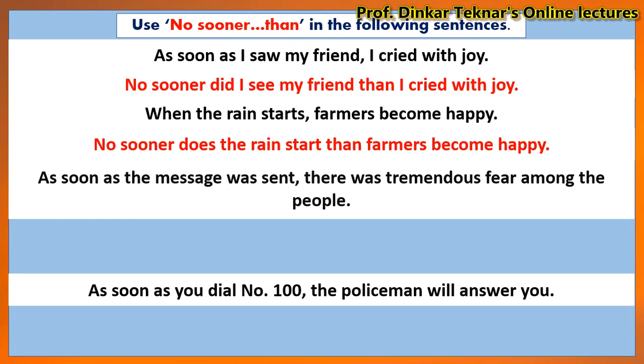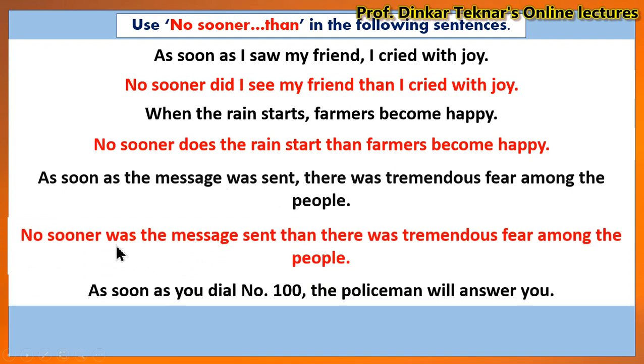So the answer will be, no sooner was the message sent than there was tremendous fear among the people. So was is an auxiliary verb already given in the sentence. The same verb was is used after no sooner. And the main verb sent remains unchanged.